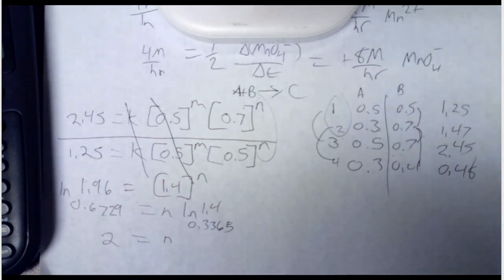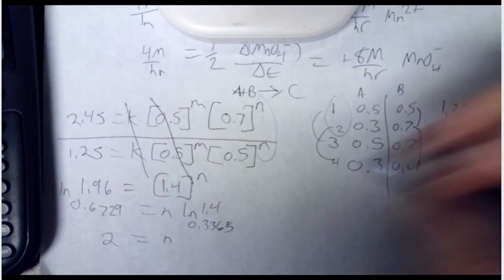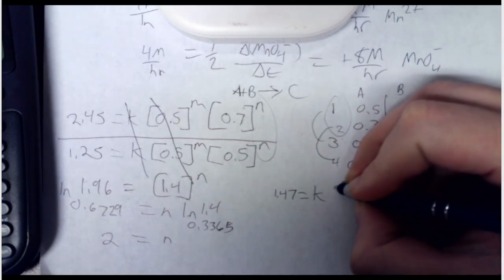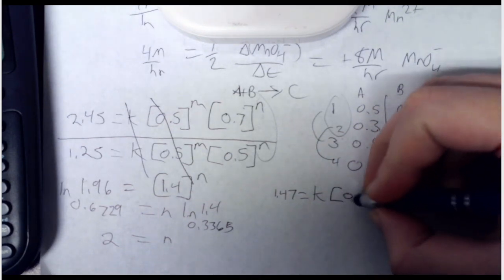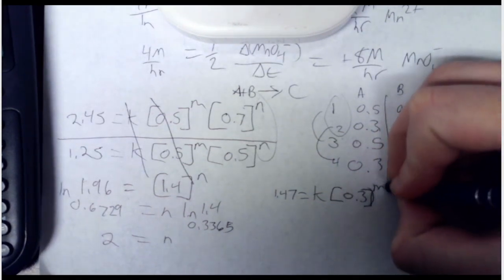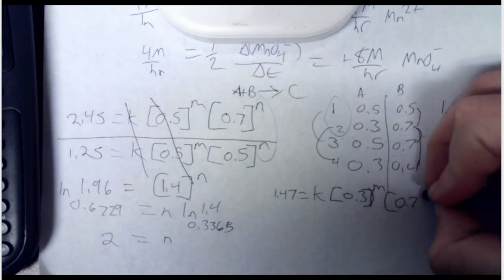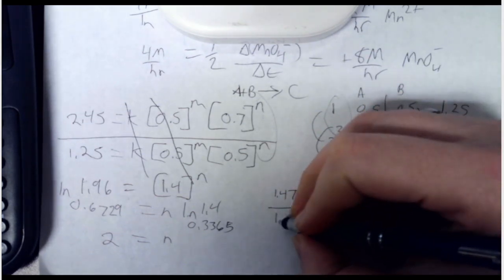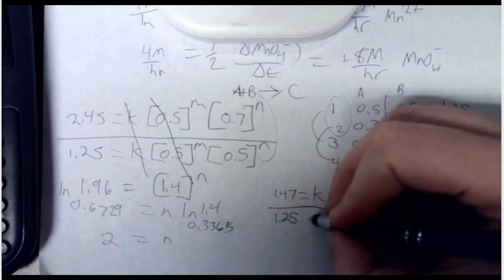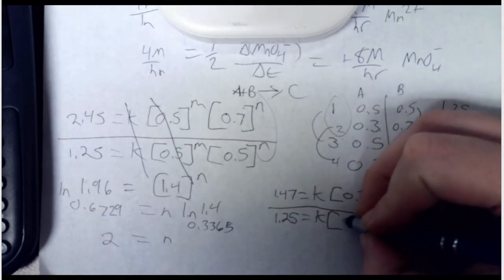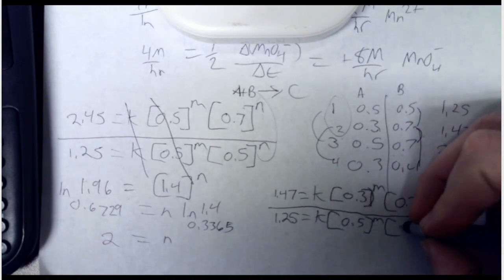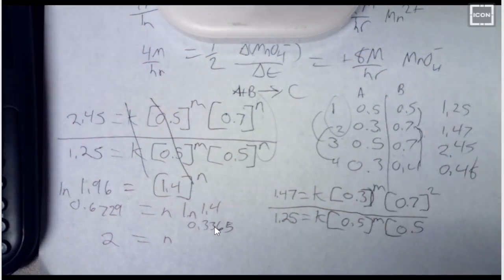We have 1.47 equals K times 0.3 to the M times 0.7 squared, because since we've already found the n, we can plug this in, over K times 0.5 to the m times 0.5 squared.